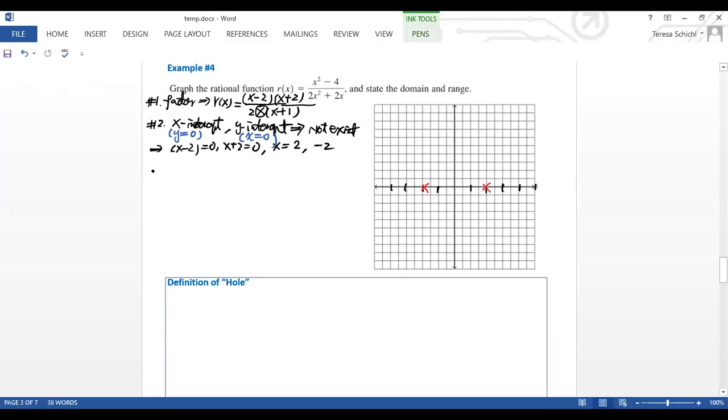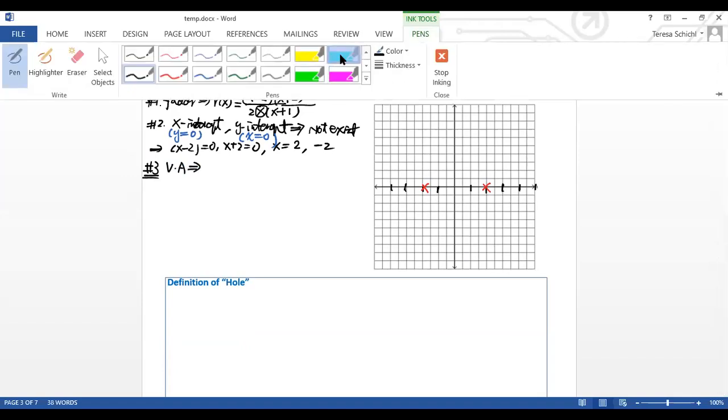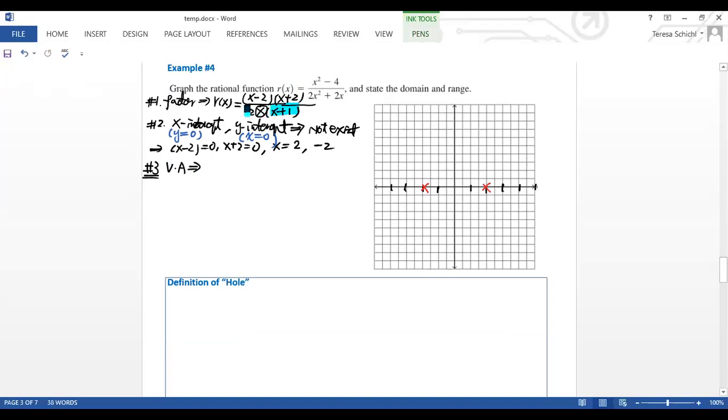Now the third step is to find the vertical asymptote. The vertical asymptote is where the denominator equals 0. So x equals 0 and x plus 1 equals 0, which means x equals negative 1.